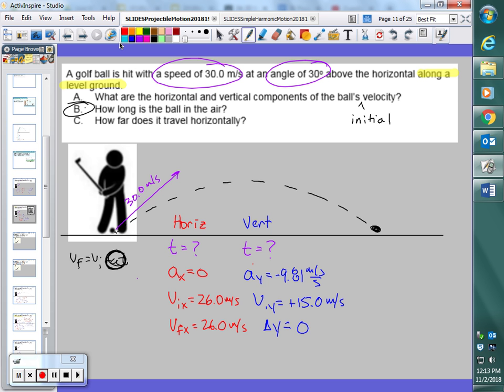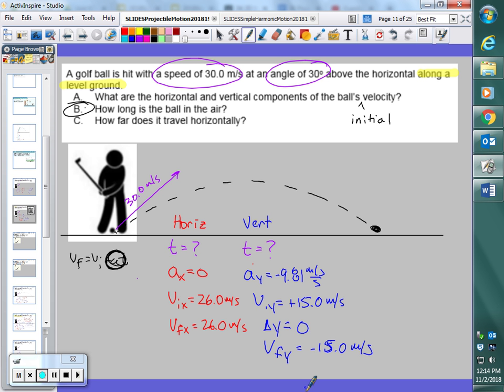So vertically, the speed just before it gets to the ground, the v final vertically, would be equal to negative 15.2. Good with that? You okay with why that has to be that way?